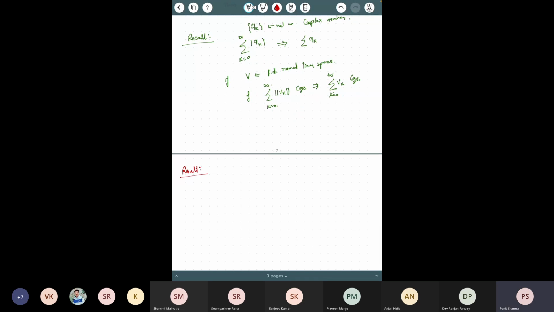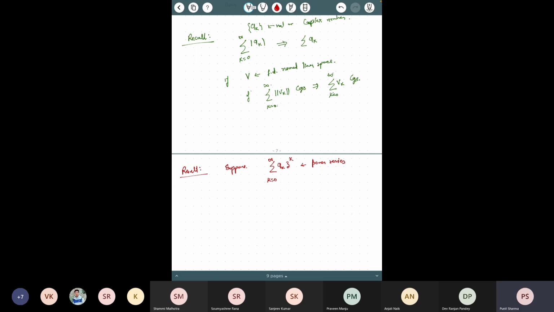What this result says is that suppose the sum of a_k z^k, k equal to 0 to infinity, is a power series, a simple power series where a_k belongs to the complex numbers.